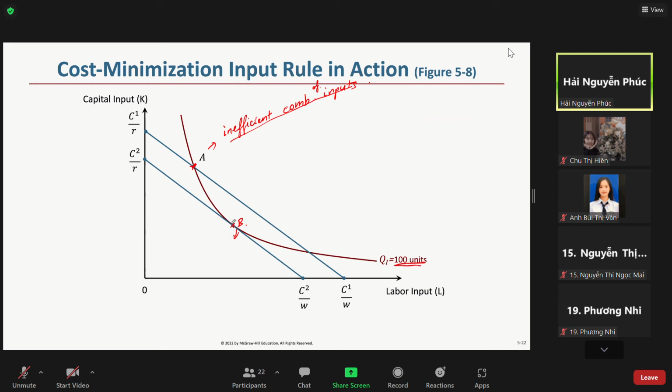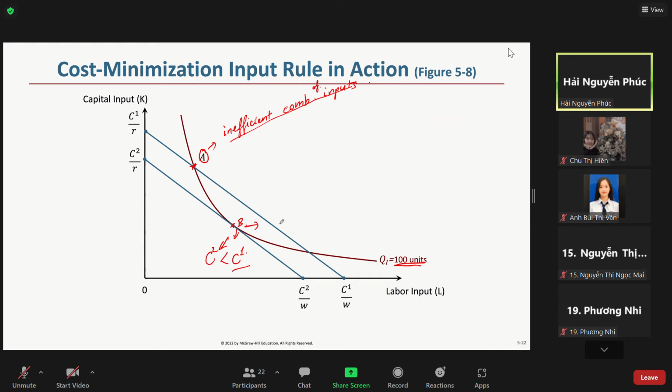But point B lies on a lower isocost line. Point B requires only the budget of C2, and C2 is smaller than C1, right? If you produce at point A, you have to spend C1 amount of money. If you produce at point B, you have to spend C2 amount of money, right?